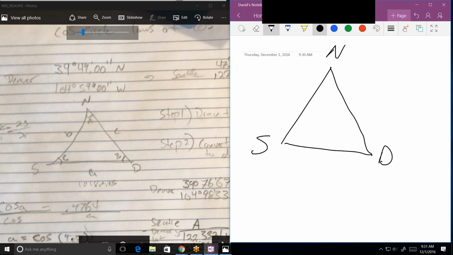I'm supposed to take the North Pole and subtract the Denver? Yeah, to Denver, I'm supposed to subtract. This is Denver latitude and longitude. Is that what that is? Yeah. Okay. I am not familiar with figuring out the distances based on latitude and longitude, so if you can explain that to me, we'll figure out how far it is from the North Pole to Denver.